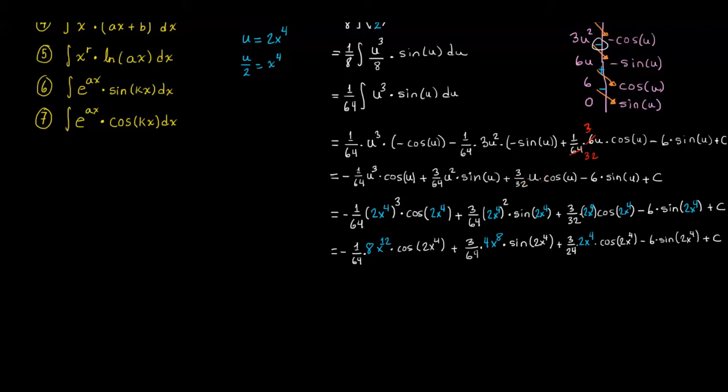Now in every u, this one, this one, this one, this one, this one, in all these I substituted u equal to 2 times x to the fourth. That's why we got this one, and so on. You see, it's in blue actually. Now from this step to the last one, what I did is that I applied this power, and I took away this parenthesis.